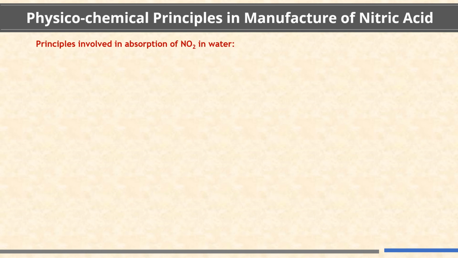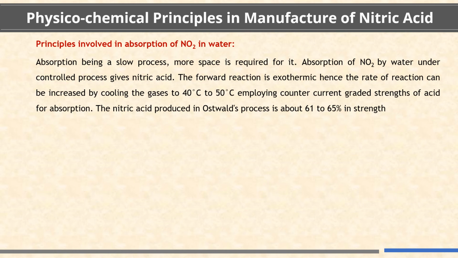Principles involved in the absorption of NO2 in water. Absorption being a slow process, more space is required for the absorption. Absorption of NO2 by water under controlled process gives nitric acid.